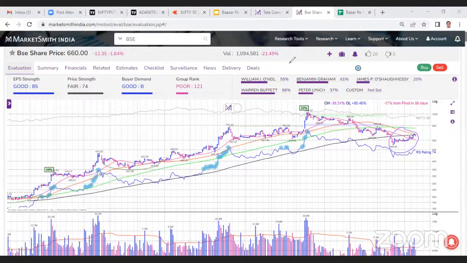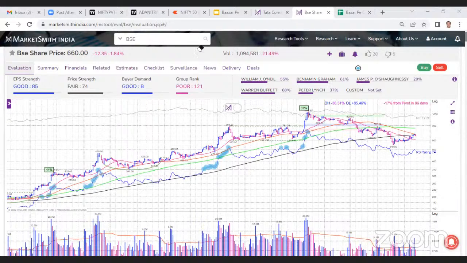So if someone is interested in taking a position for investment purposes, I would suggest waiting for a while. But for trading purposes, buy if it is holding above 670, with an appropriate stop loss, and a target of around 750. It may bounce back up to that level, but for the longer term it is better to wait and watch in BSC.